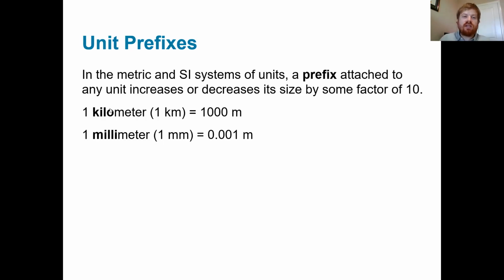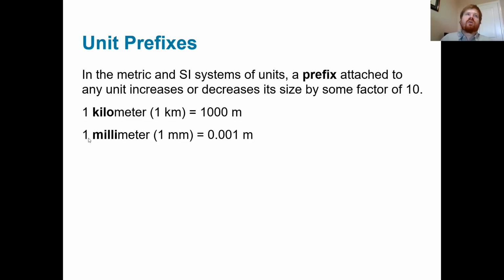And what kilo means is just literally 1,000. So 1 kilometer is 1,000 meters. Think of it like this, basically. This is the way I always think of it. 1 kilometer is 1,000 meters. And that way you'll always know that 1 km is going to equal 1,000 m.